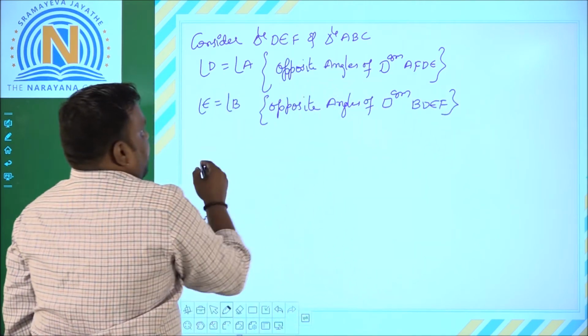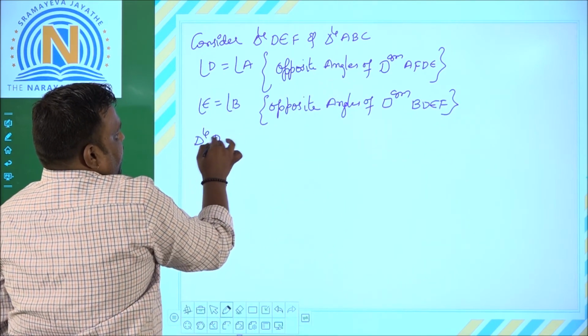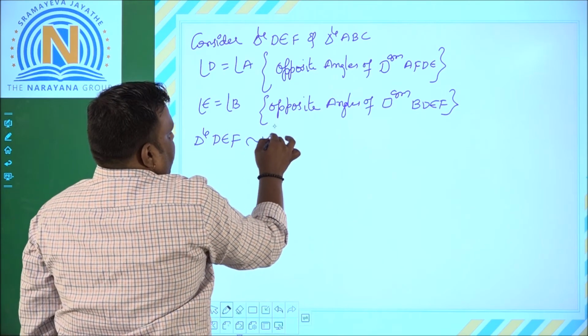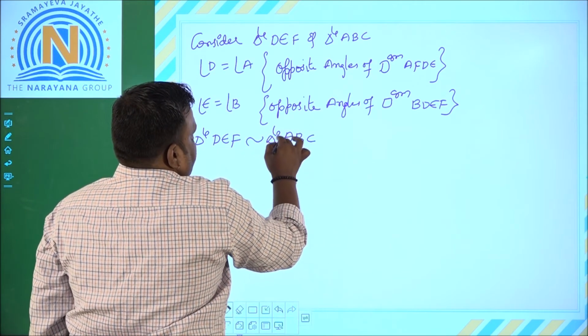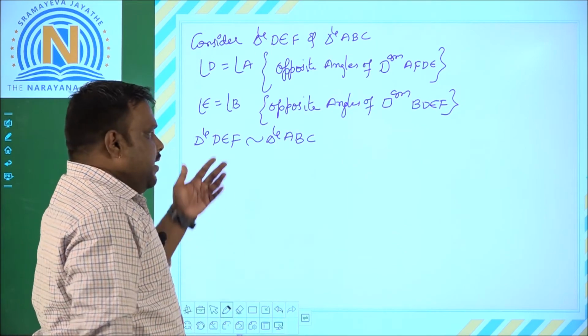So according to AA similarity, we got triangle DEF similar to triangle ABC.